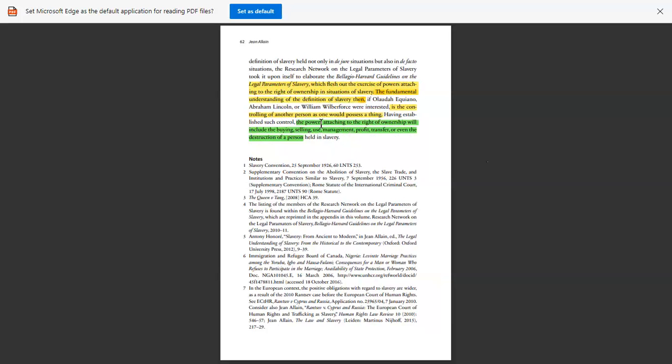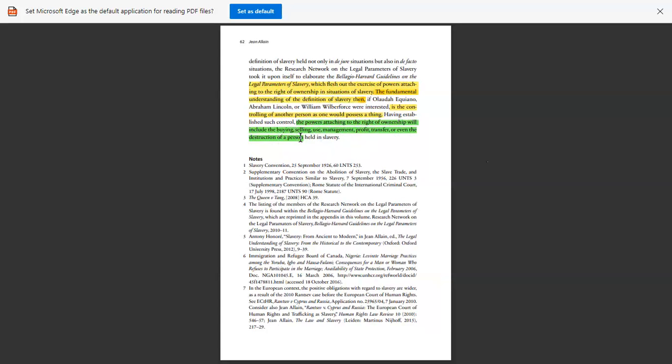So finally, the powers attaching to the right of ownership will include the buying, the selling, the use, management, profit, transfer, or even the destruction of a person. So again, it doesn't have to be all. It can be any of these. Any power attaching to the right of ownership will include buying, selling, use, management, profit off of, transfer, or even the destruction of a person.